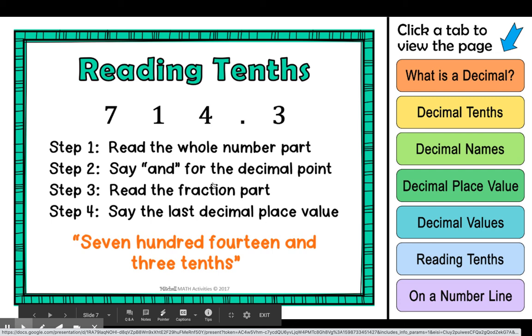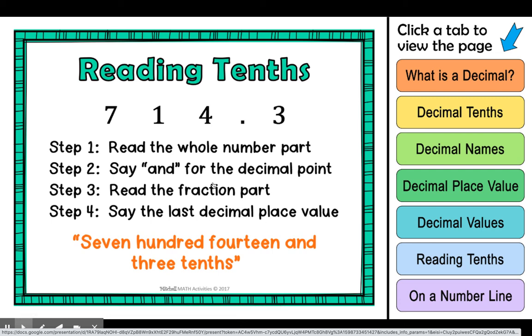Okay, so this is just another tutorial on reading numbers that have decimals. Now, some people will read this number like this, 714.3. And I'm not going to let you do that. If you read numbers like that during class, I'm going to encourage you to try it again, and I will help you. We're going to read it like this, 714 and 3/10.